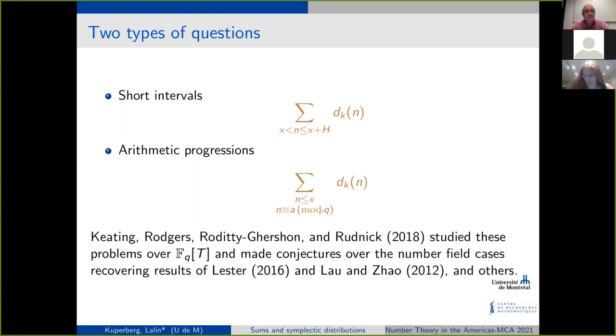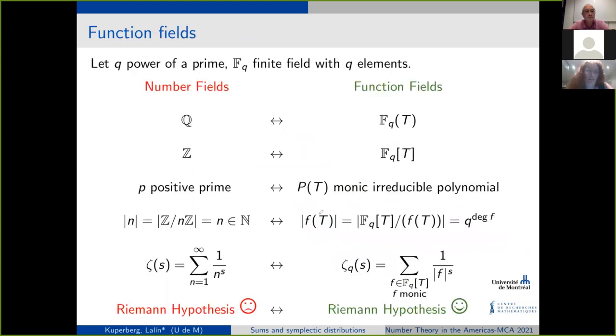Like I said, now I'm going to start talking about function fields. For us, we are going to be working with F_q[t]. Here q is a power of a prime, and it will be odd when needed. F_q is a finite field with q elements.